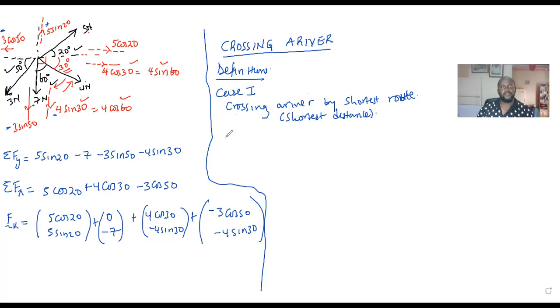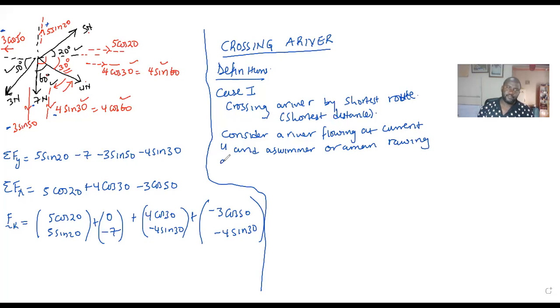In this case, we consider a river flowing at a current U, and a swimmer or a man rowing a boat at V meters per second.